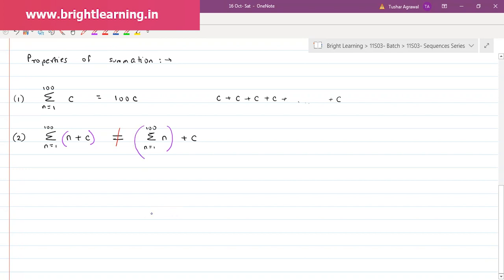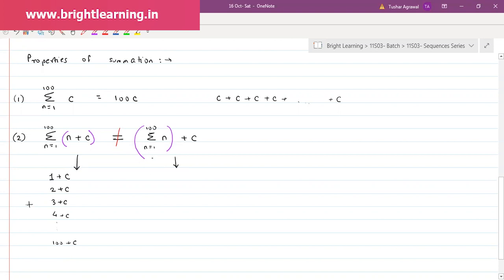These are completely different things. What does the LHS signify? The first term will be 1 plus c. When n equals 2, the second term will be 2 plus c. When n equals 3, the third term is 3 plus c. The fourth term is 4 plus c, and so on up to 100 plus c. And what is the RHS?